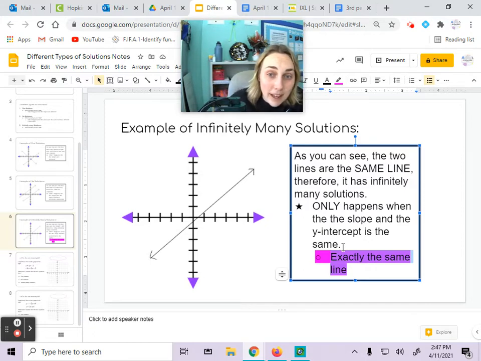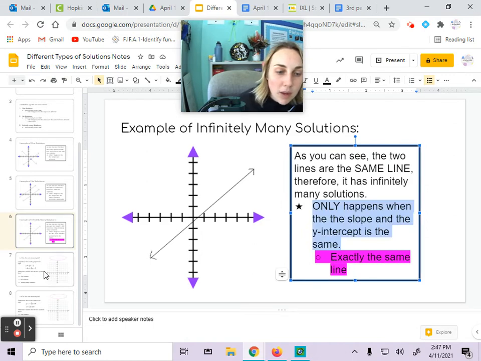They're always going to be on top of each other. They're the same exact thing. They're never not going to touch each other. Therefore, this is going to have infinitely many solutions because both lines are initially the same line. So the only time you're going to see that is if the slope and the y-intercept are both exactly the same.